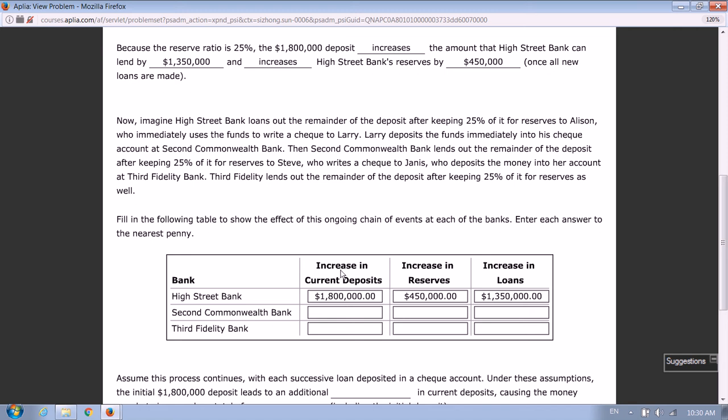And Second Commonwealth Bank. So this $1.35 million is deposited by Larry.